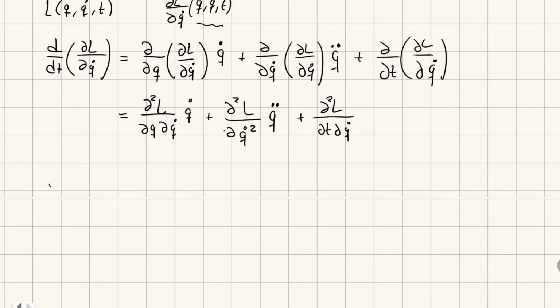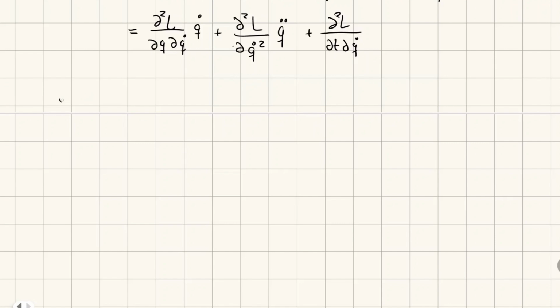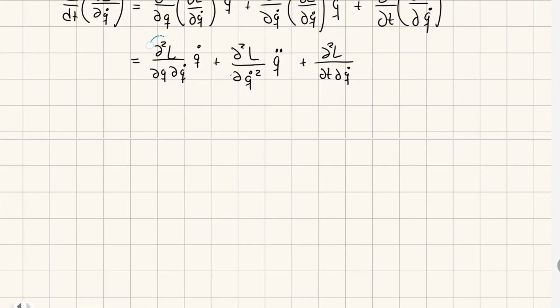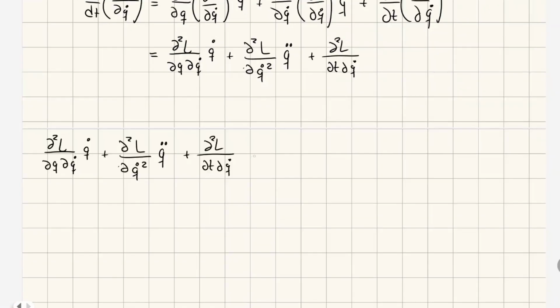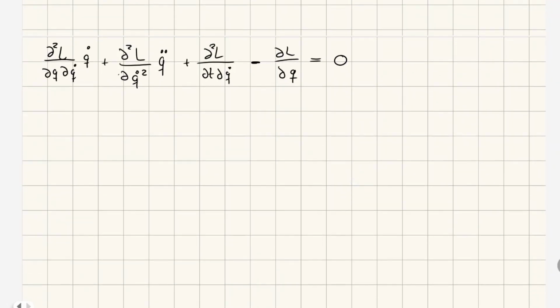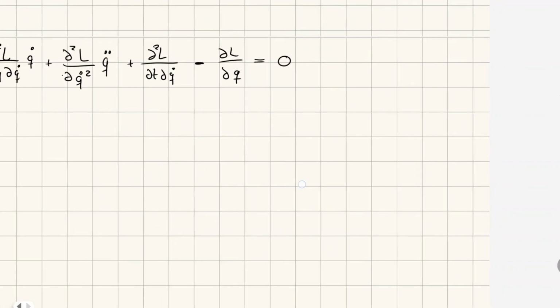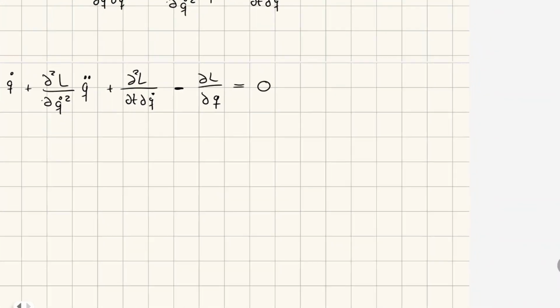So establishing the Lagrange equation, we get this, and then minus the partial of L with respect to q, and this will be equal to 0.